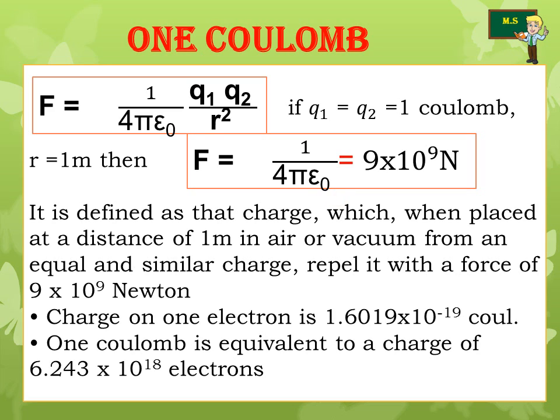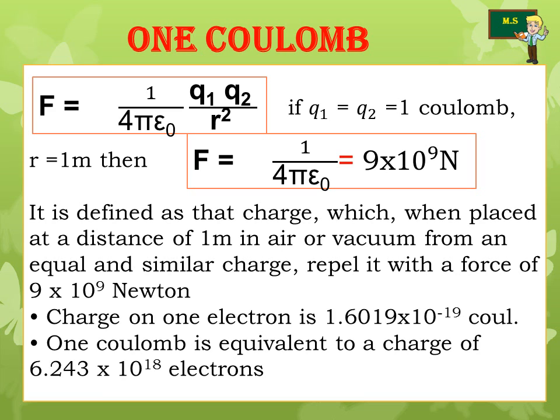Using all these terms we can define 1 Coulomb. It is defined as that charge which, when placed at a distance of 1 meter in air or vacuum from an equal and similar charge, repels it with a force of 9 into 10 to the power 9 Newton.